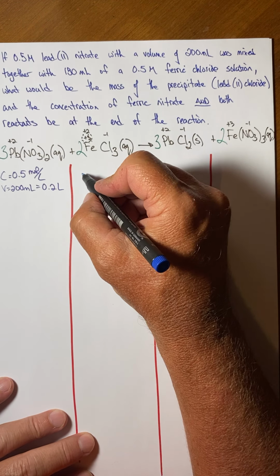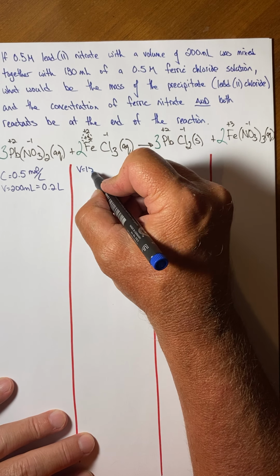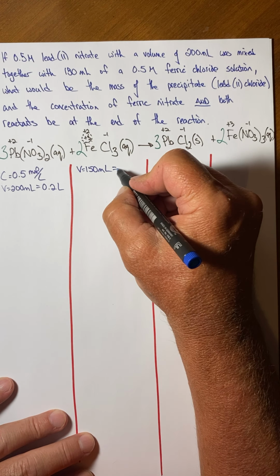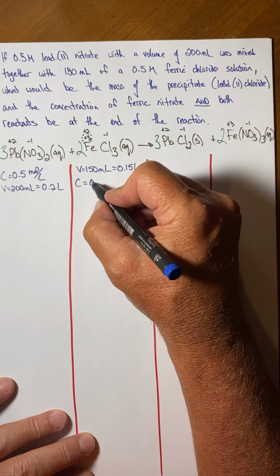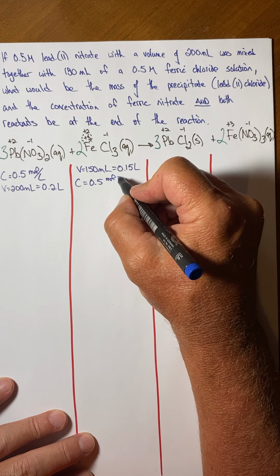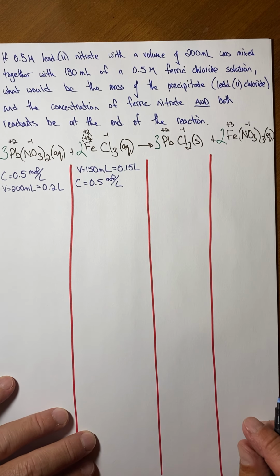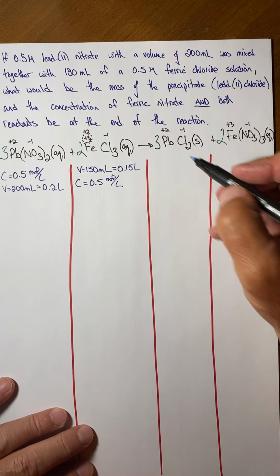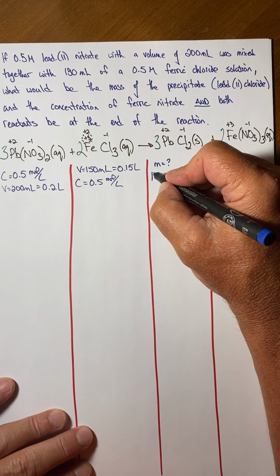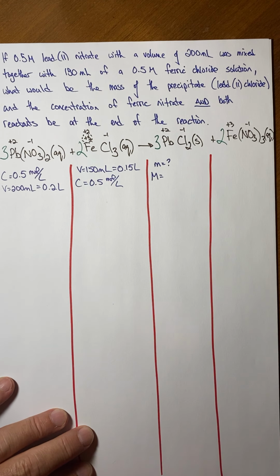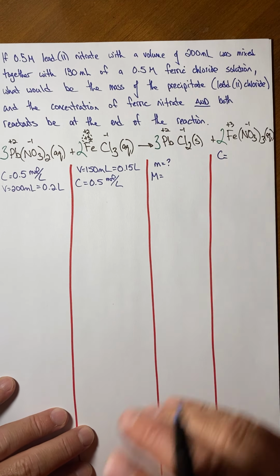Let's see, ferric chloride has a volume of 150 milliliters. We're going to convert that to liters right away, and has a concentration of 0.5, again, moles per liter, or capital M, which is molar. I want to know the mass of my precipitate. Going to need molar mass eventually. And I want to know the concentration of my ferric nitrate. Okay.